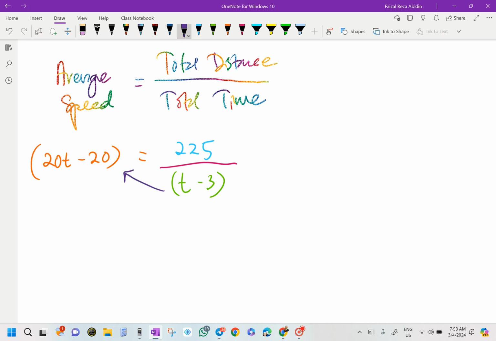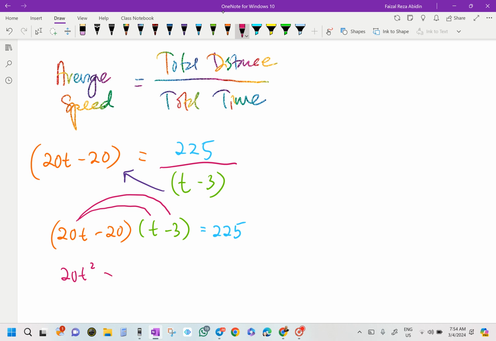Bring the time to the left side, multiplied. So you have 20t minus 20 times t minus 3, which equals 225. Now I expand: 20t times t is 20t squared, 20t times negative 3 is negative 60t, negative 20t, and also plus 60, equals 225.